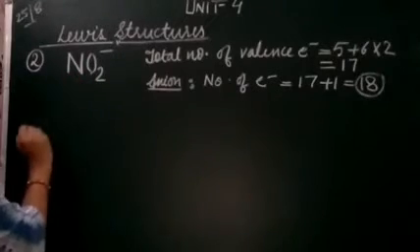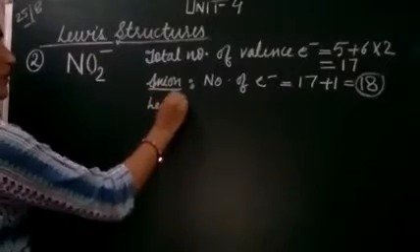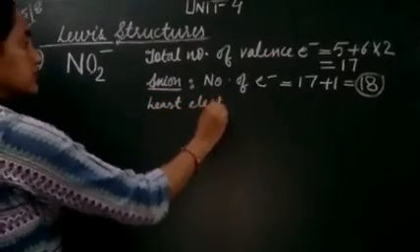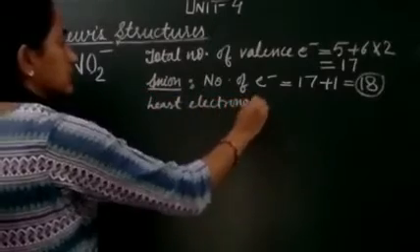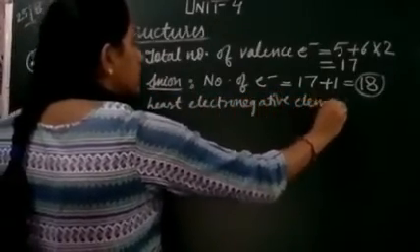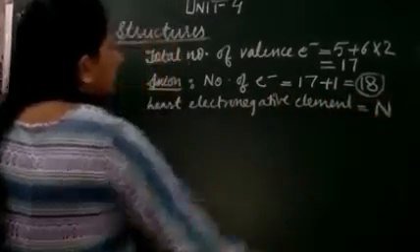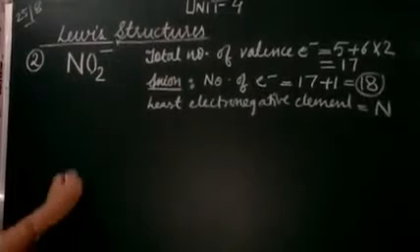Now here the least electronegative element is nitrogen. Now you will draw the structure.